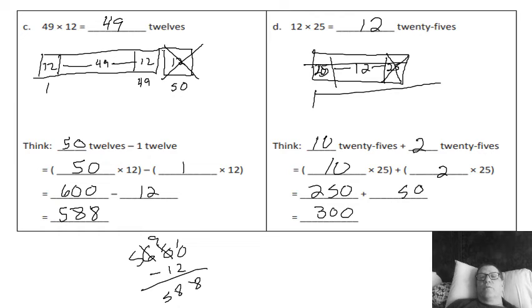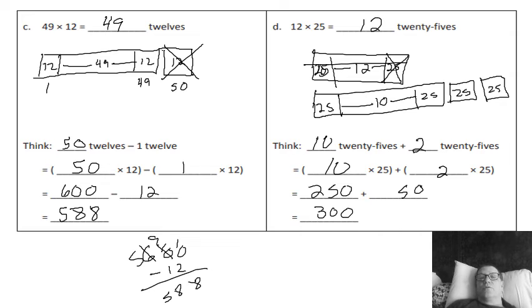Let me redraw that. So we solved for the 10. So these were 25s. And we solved for 10 of them. And then we added 2 more 25s. Because this was 1, here's the 10th one, 11, and 12.